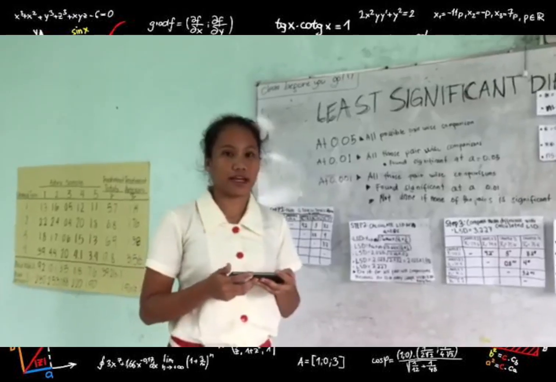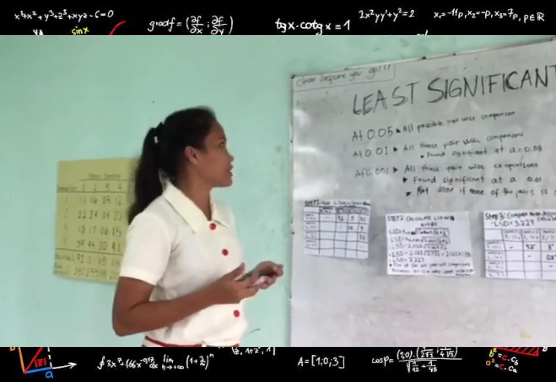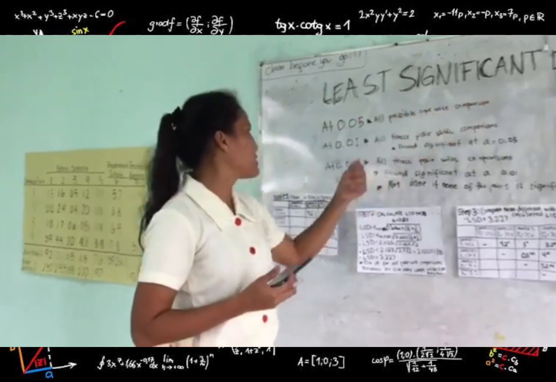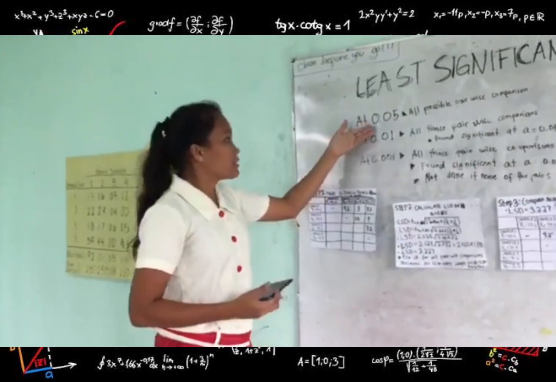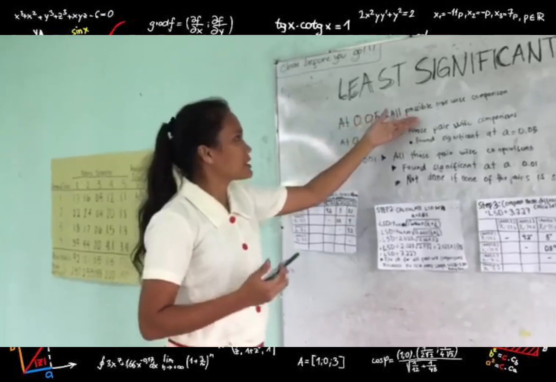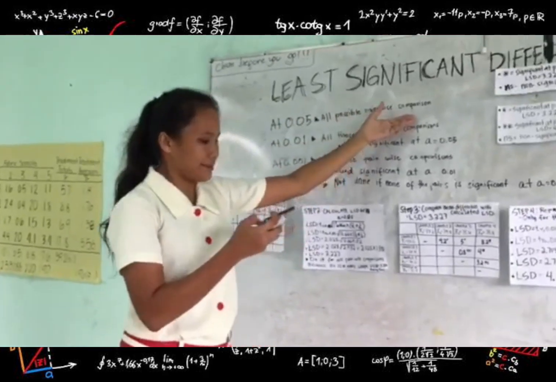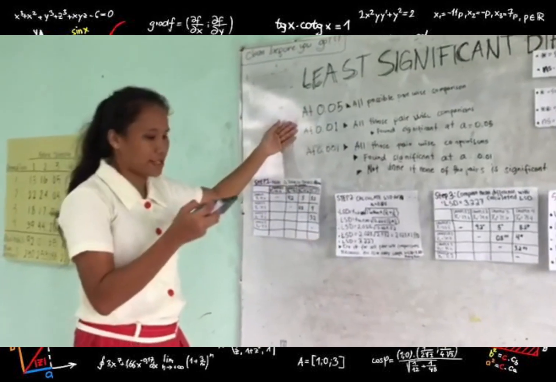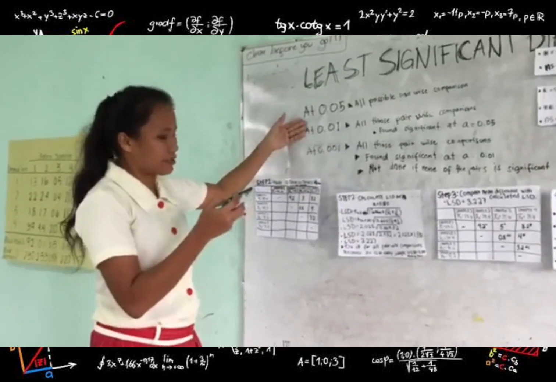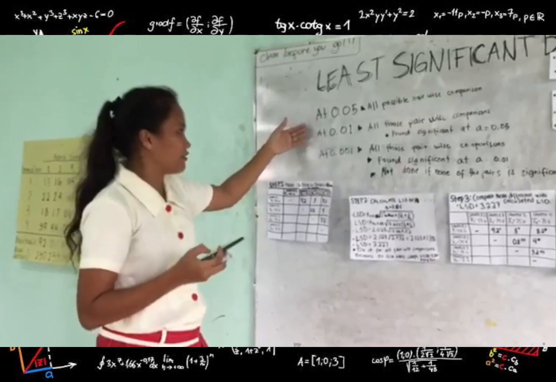Under Russell A. Blancal, this is the continuation of the least significant difference at different alpha levels. At 0.05, of the possible pairwise comparisons, we are looking at 6 pairwise comparisons at the 0.05 significance level first.